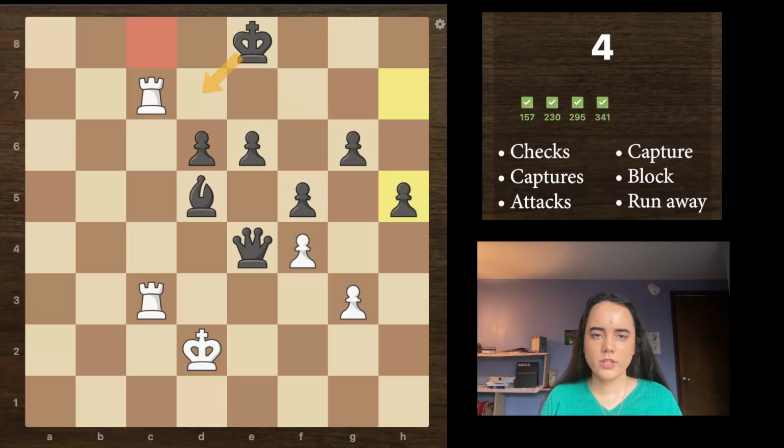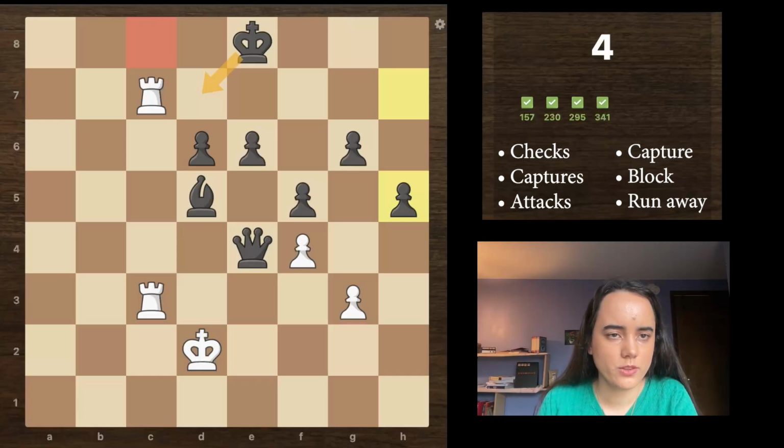Now, when you're looking at the next move, again, you want to do the same thing where you look for the checks, then captures, then attacks. And so the rook's on the red square. So what checks do we have?